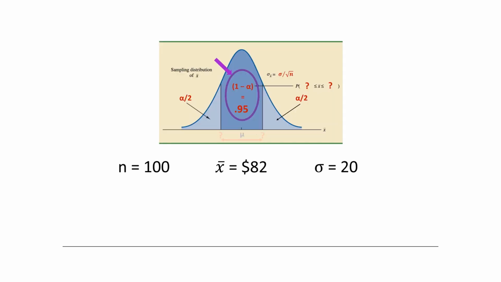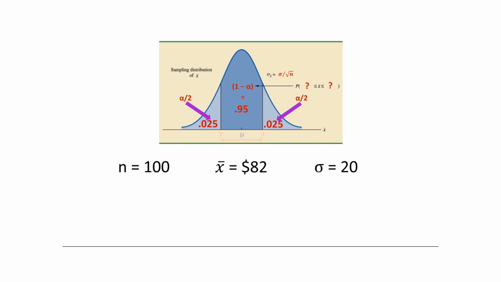At a 95% confidence level, the confidence coefficient is 0.95, which means alpha equals 0.05, or alpha divided by 2, 0.025.